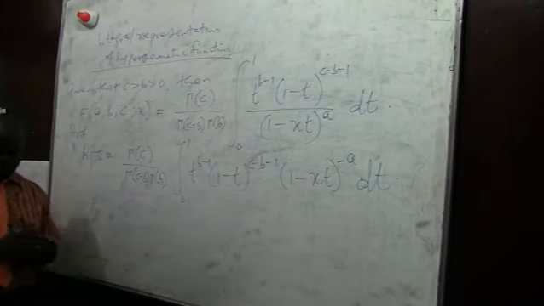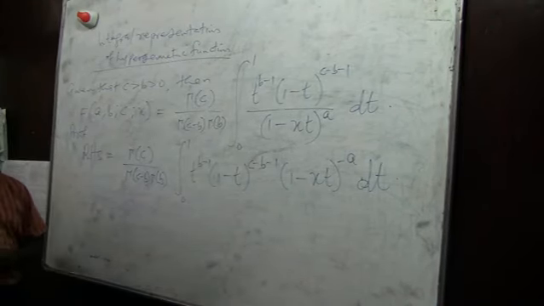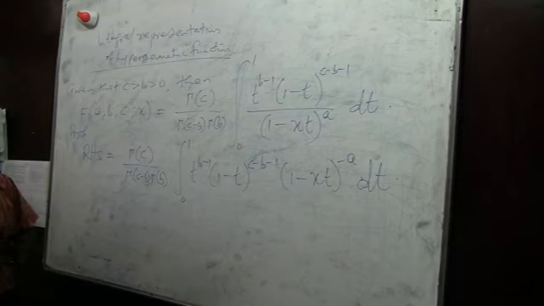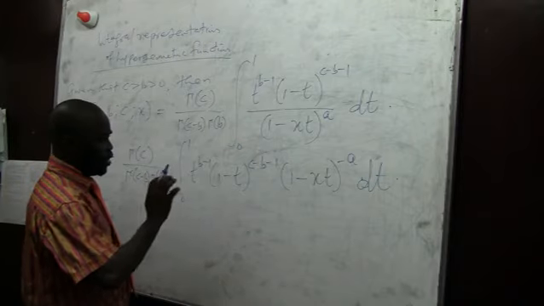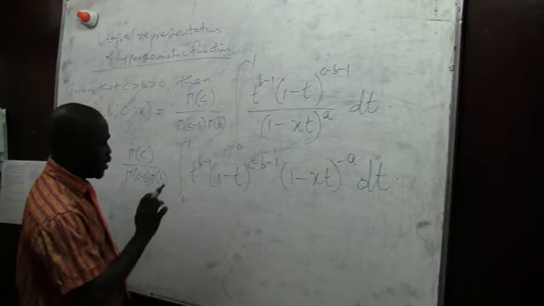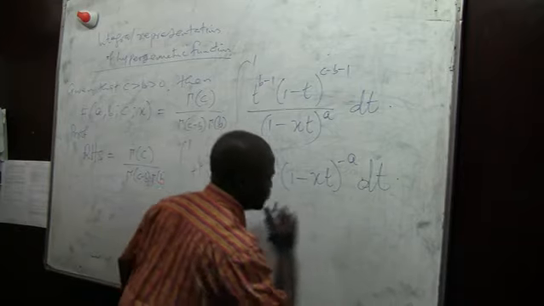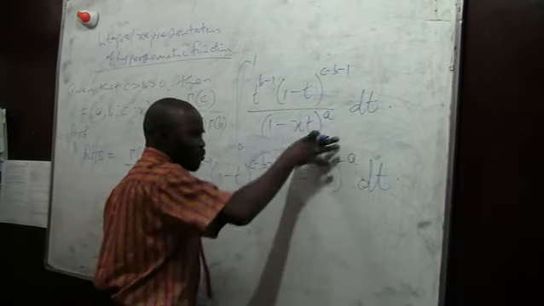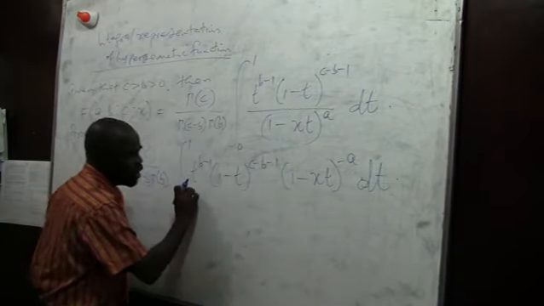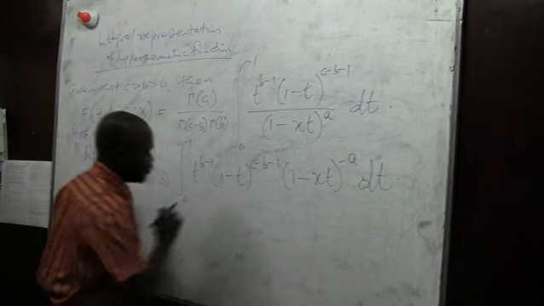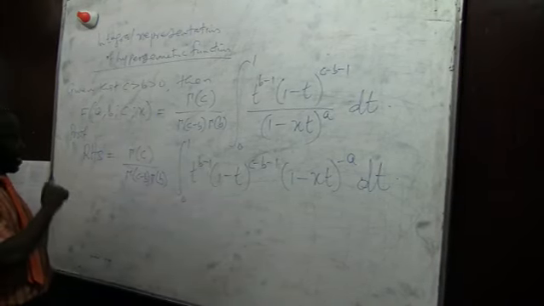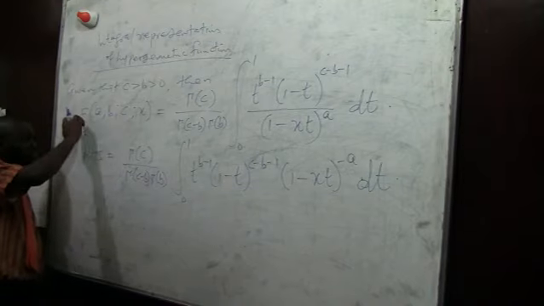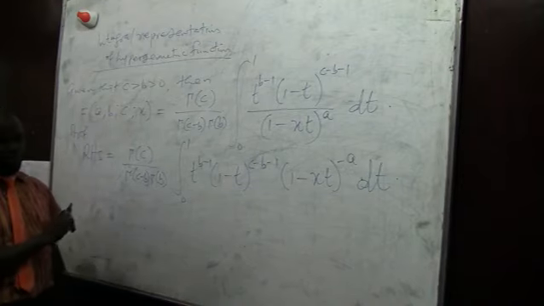So our variable of integration here is t. The major thing we need to observe here is that if I remove this term completely, this one defines a beta function. And also, to go back to the definition, we need a summation.